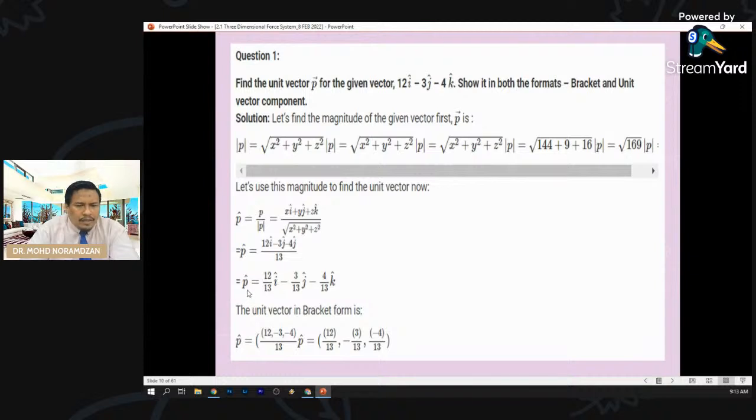So this gives 12 over 13, minus 3 over 13, minus 4 over 13. The unit vector in bracket form is 12 over 13, negative 3 over 13, negative 4 over 13. So we are converting this to the coordinate form.